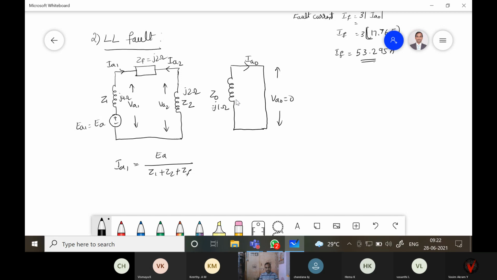Also in the previous case IA1, IA2 and IA0 are equal, but in this case they are not equal. Therefore EA is equal to 400 by root 3 divided by J times (4 plus 2 plus 2), at an angle 0.